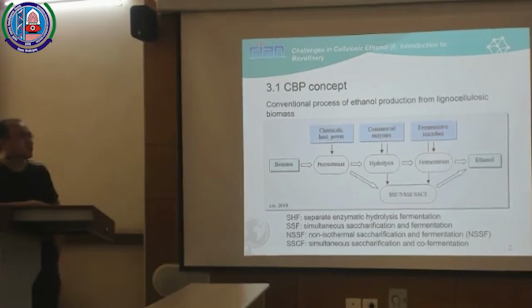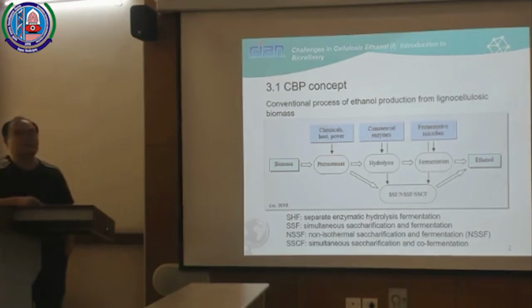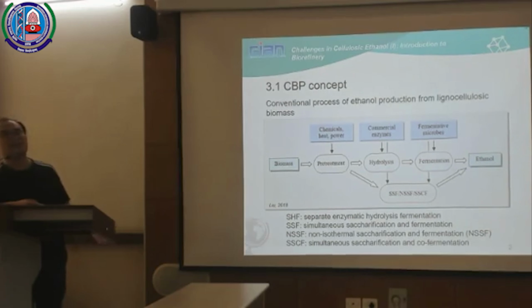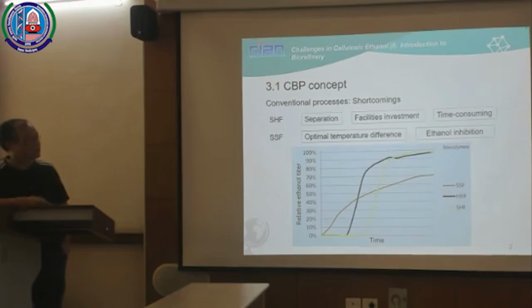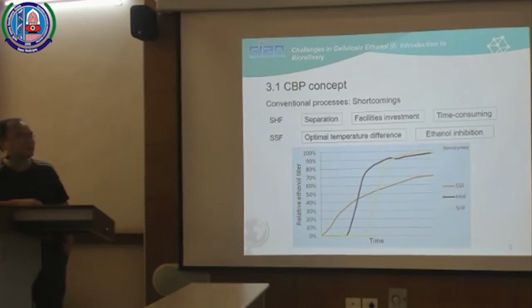So SSF has to be modified, has to be improved. There is an improved strategy named HHF. HHF means the enzyme is loaded not at the initial stage, but 12 hours later.